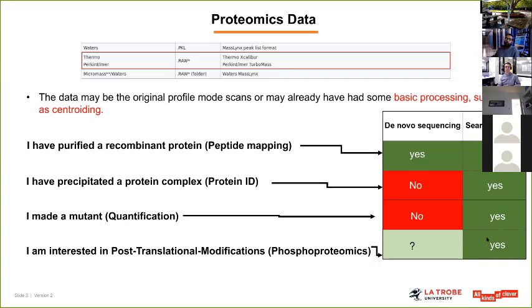I would say more than 95% of the time we will be able to get what we want. But there are situations where, because of the limitations in the algorithms, we will not be able to get everything out. Then we have to use a combination of de novo and manual annotations as well as search engines.